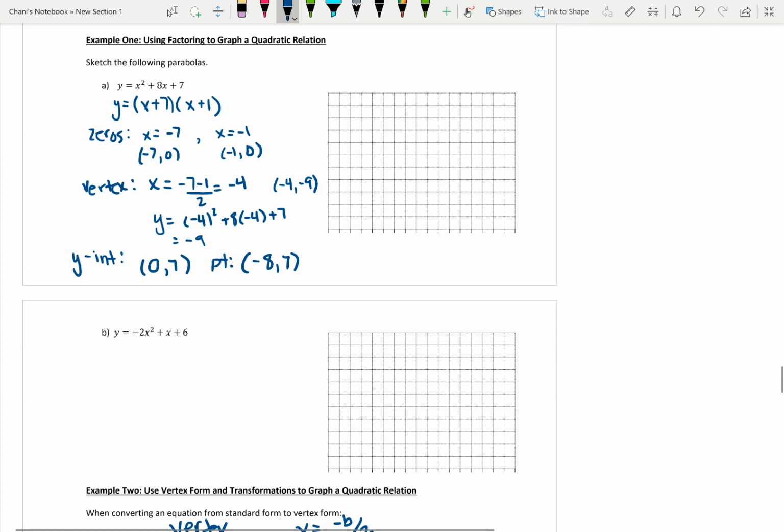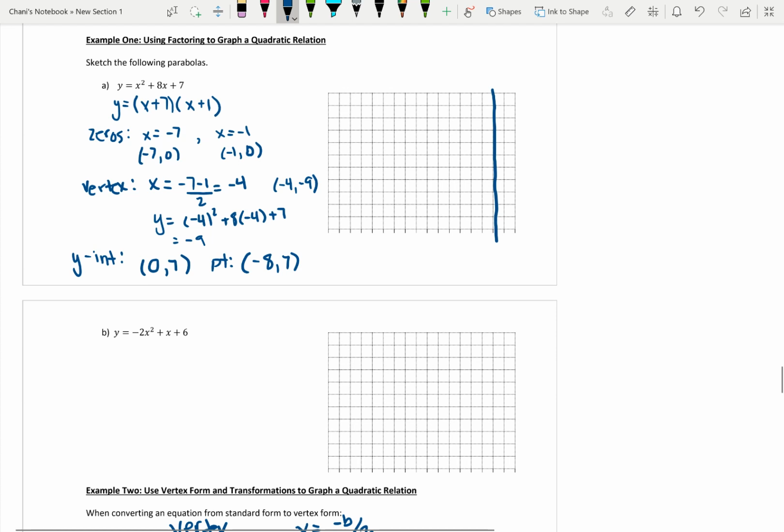Okay, so notice I didn't just draw my axis right down the middle of here because let's think about this. All my x-intercepts are both negative. My vertex is negative, so really I don't need anything on the positive side. So I'm going to put my y-axis way over here because all the x values I'm using basically are negative. I need to get down to negative 9 and up to 7.